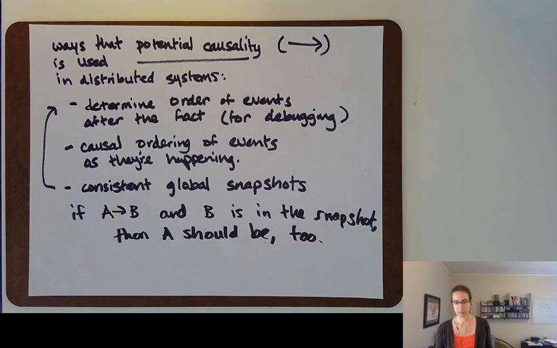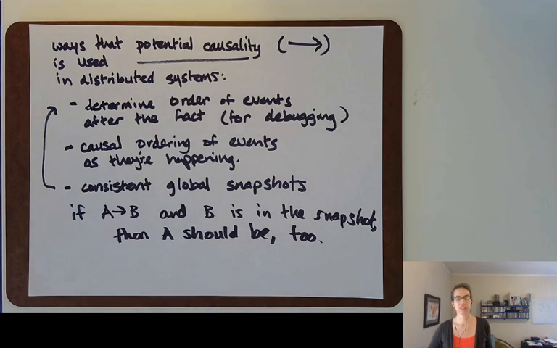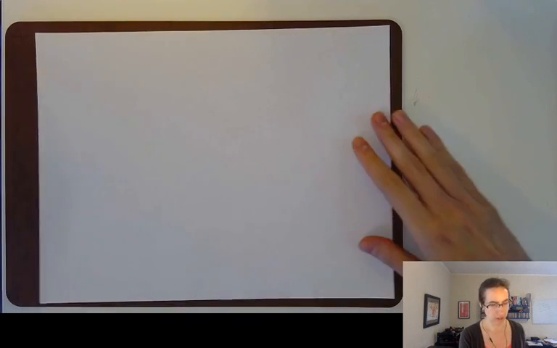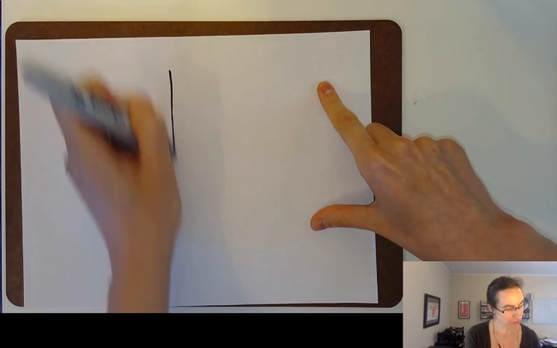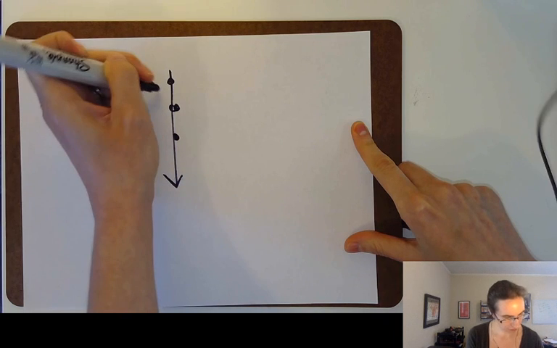So before we get into the details of this snapshot algorithm, let me just talk at a high level about what it means to try to take a global snapshot of a distributed system. Something that we've talked about a little bit so far is that in a distributed system, there's not really such a thing as an observable global state, right? So individual processes have states, and we said that the state of a process amounts to all of the events that have taken place on it, right?